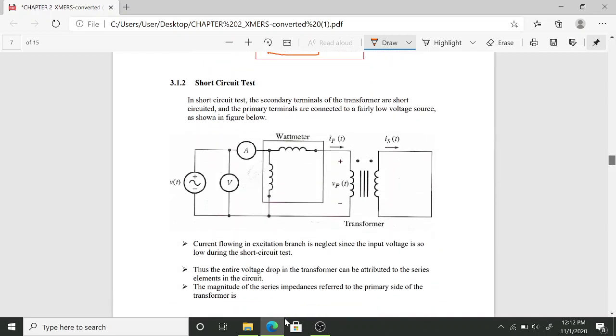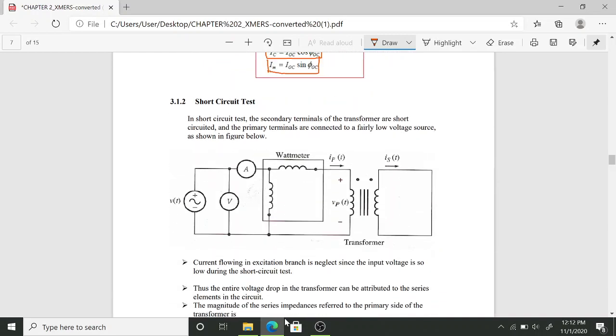Next, short circuit. For the short circuit test, you will get the values of R equivalent and X equivalent. For the short circuit test, the secondary terminals of the transformer are short circuited and the primary terminals are connected to a very low voltage source.